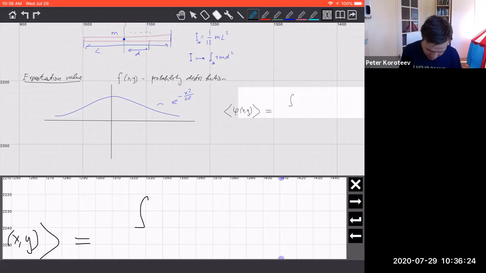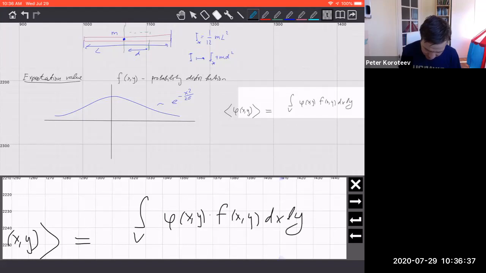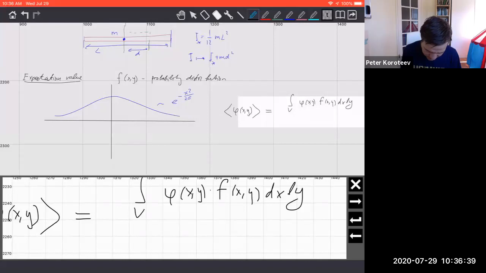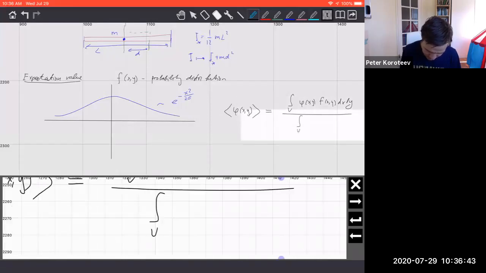There's an integral over the domain where this function is defined: phi of xy times f of xy dx dy, and then you divide it by the integral of f of xy dx dy itself, right?